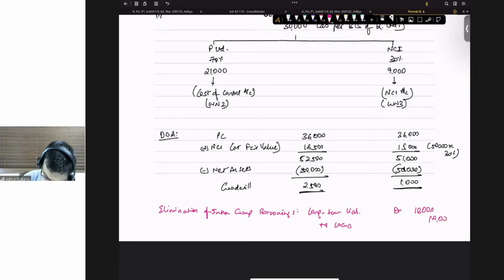From both the sides, we eliminated 10,000, Q Limited and P Limited. Okay. All right. Great. So that takes care of the very first concept that we had today, which is the consolidation process. Is it okay? Yes, everyone.